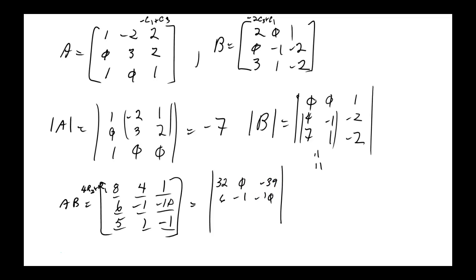Oh, how beautiful. My favorite numbers. I'm so glad I chose this one. Okay. Row 2 plus row 3: 11, 0, -11. Okay.